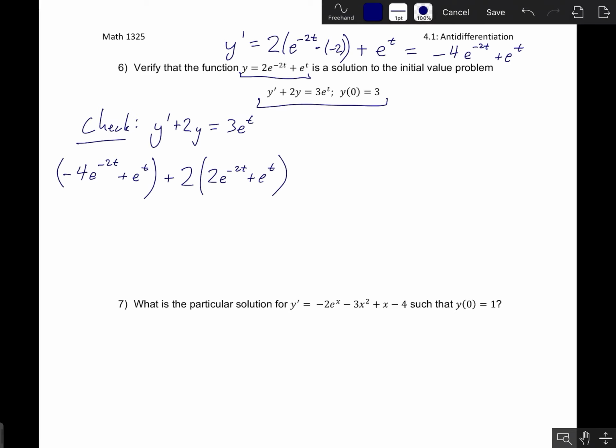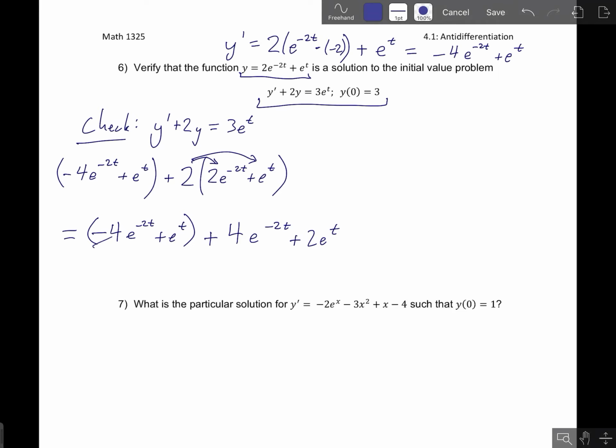So that's the left side of this equation. Now we want to simplify this a little bit. I can distribute the 2 here. So this would be a negative 4e to the negative 2t plus e to the t plus a 4e to the negative 2t plus a 2e to the t.